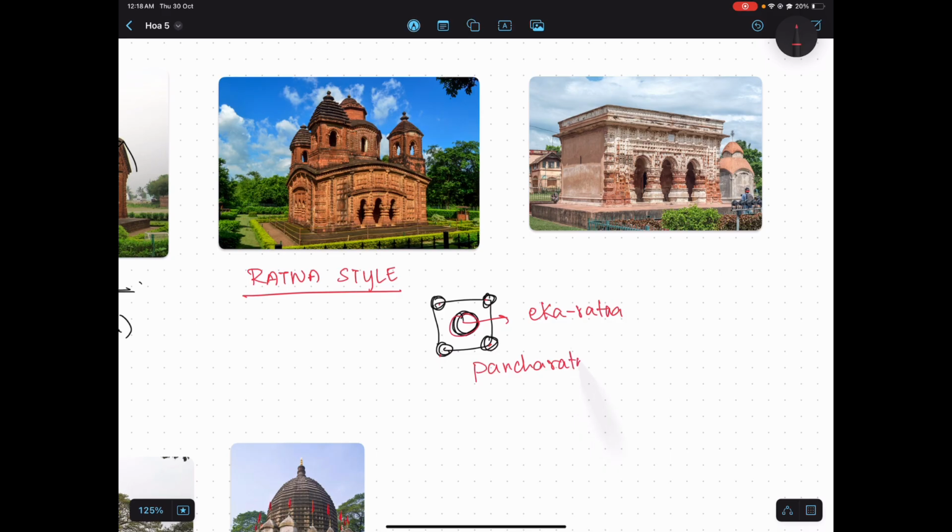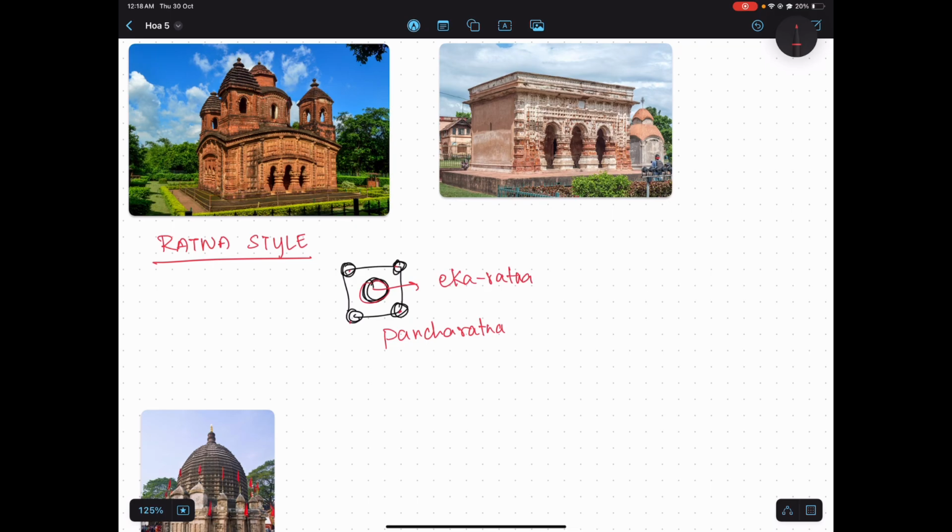There is also a very rare category, not seen in a lot of places, which is the Navaratna, which is nothing but Pancharatna, but on a 2-story level. So you have towers, and then you go 1 story above, you have another set of towers, and again the central huge tower.